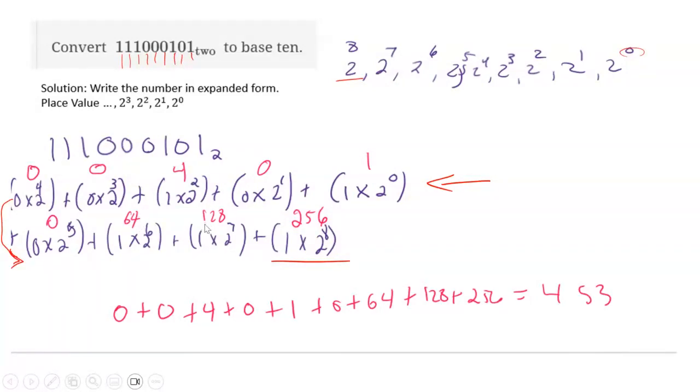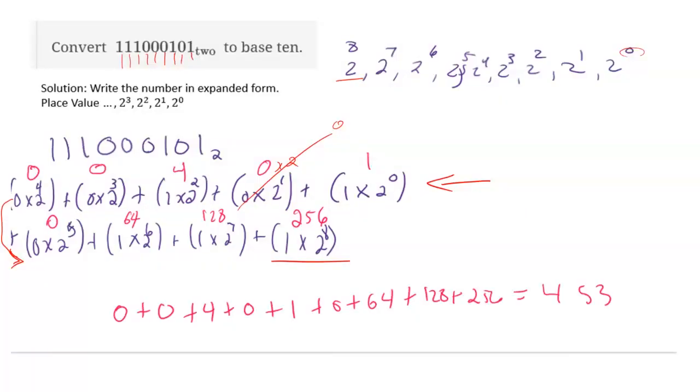Those are the powers: 64, 128, and 256. 2 to the power 1 is actually 2, but if you multiply it by 0, it's going to give you 0 at the end. So often, something that I do is that when the digit is a 0, I don't even include it in the calculation. Since it's going to give me a 0 in the end, it's not going to contribute to the sum. The next one is 2 squared, which is 4.